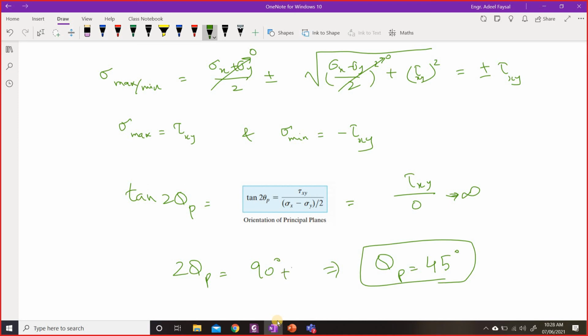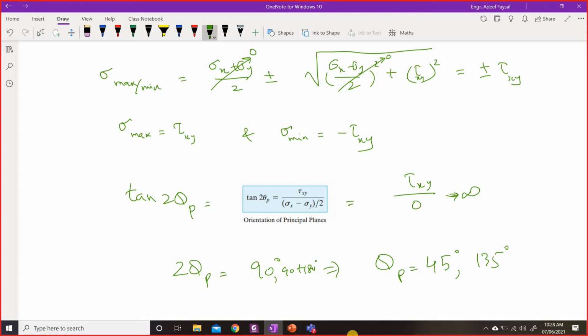If you want to find other roots, you can also write it like this, plus 90, 180 degrees, and so this would be 45 and 135 degrees.